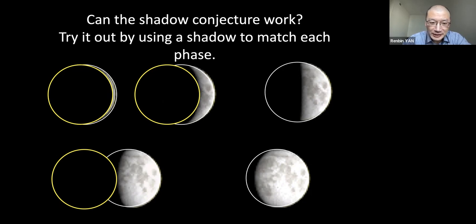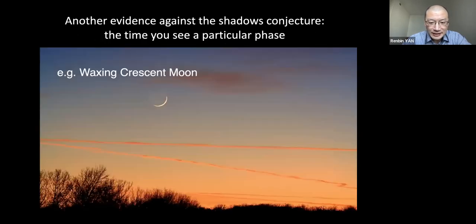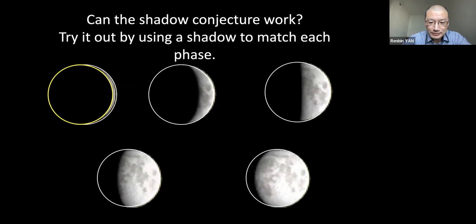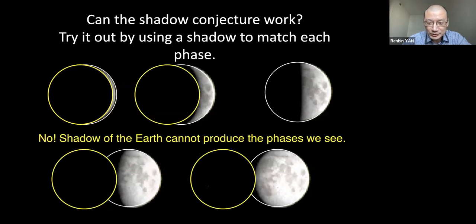It may be able to do this one, but certainly it cannot do the other three. So Earth's shadow cannot be the case. Earth's shadow cannot cast this kind of shape on the moon. The shadow will not produce the phases we see.